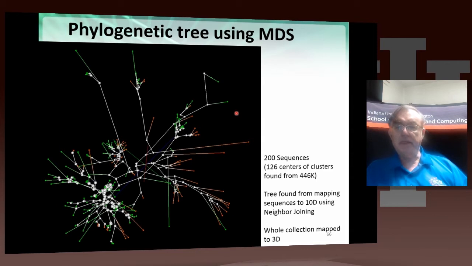Here's some other examples of multidimensional scaling to do so-called phylogenetic trees. Here's a couple of hundred sequences, and we use those sequences to form a phylogenetic tree, which is a way of forming a tree structure, and then we map all of that to 3 dimensions and show the tree in 3 dimensions.